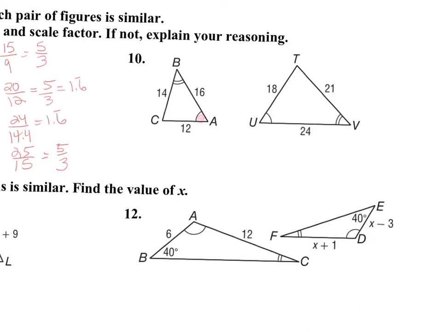So we could have A to U, and that would then be B and V, and then that would leave C and T.